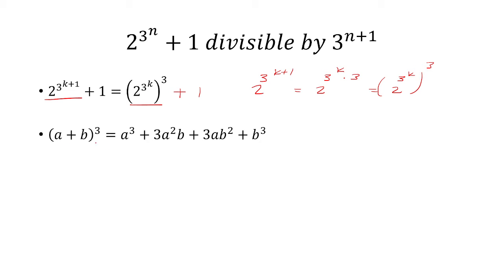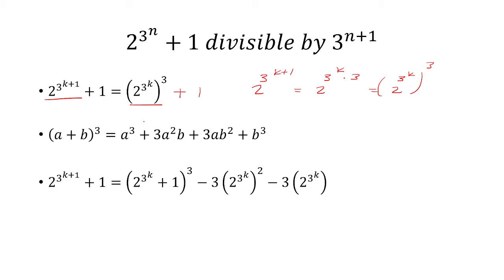Now we need the fact that a plus b quantity cubed is a cubed plus 3a squared b plus 3ab squared plus b cubed. And now what we'll have here is a cubed plus b cubed. We have a plus b cubed, minus 3a squared b, minus 3ab squared. Here, a is going to be 2 to the 3 to the k power, and b is going to be 1.